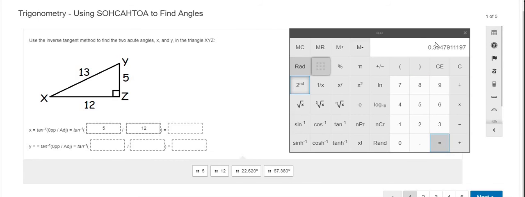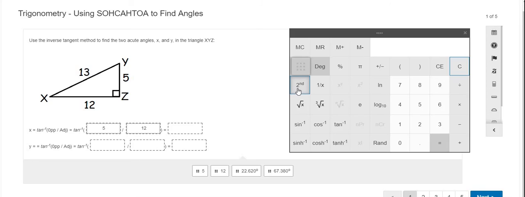Ooh, that's not what I'm looking for. That's the right answer, but it's the wrong format. Right now the calculator is in radian mode, and we don't want radian mode, we want degree mode. So let's shift this over. Now it's in degree mode, so you have to make sure that you're in degree mode.